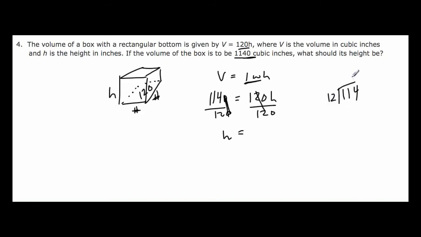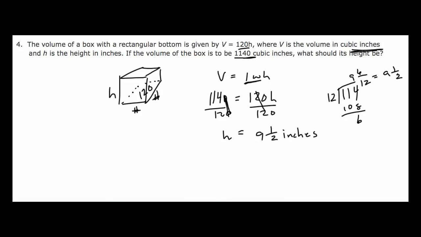That goes in about 9 times, that's 108. Bring down the 6, and then I can take that remainder and put it over the divisor. So that's really 9.5, and it talked about inches, so our label would be 9.5 inches tall.